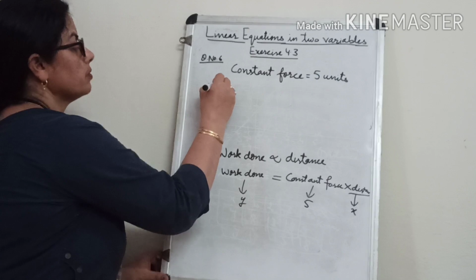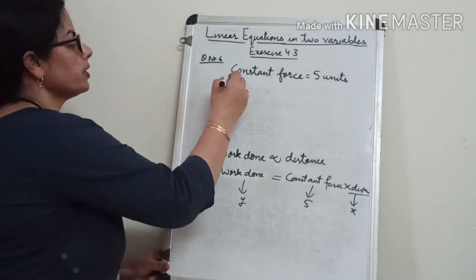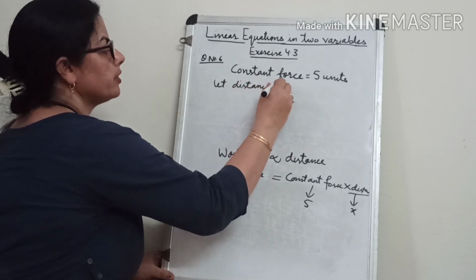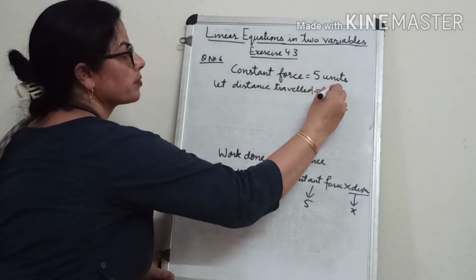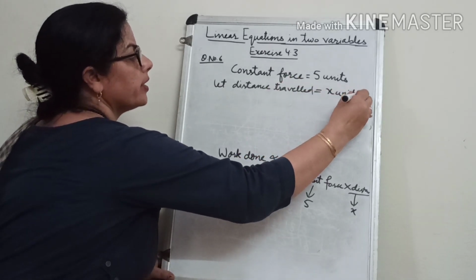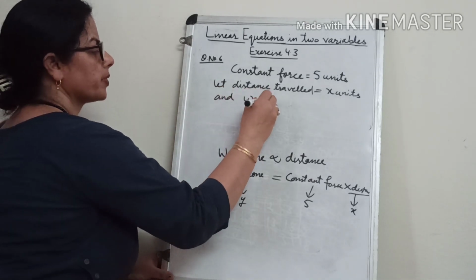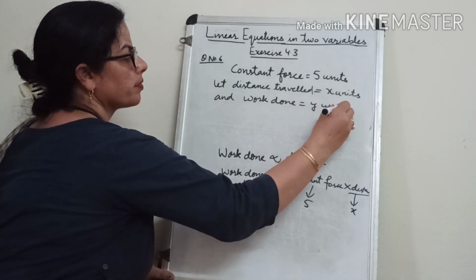So here distance is not given, work done is also not given. Let us suppose distance travelled by the body is equal to x units, and work done is equal to y units.